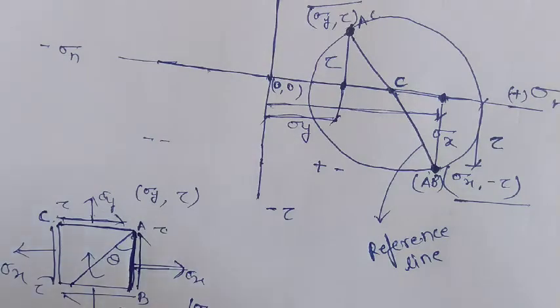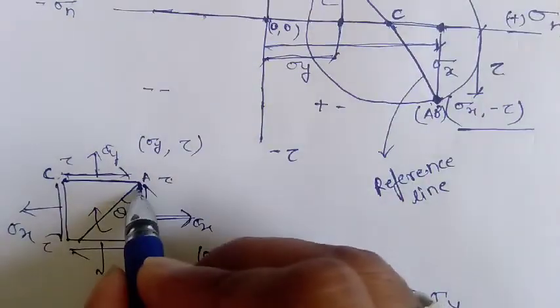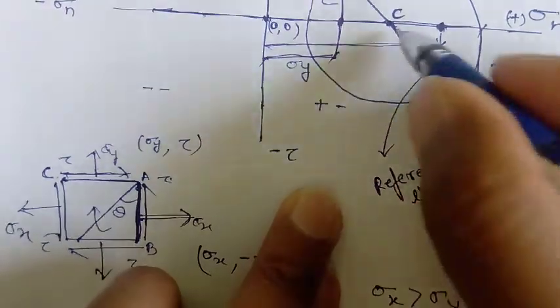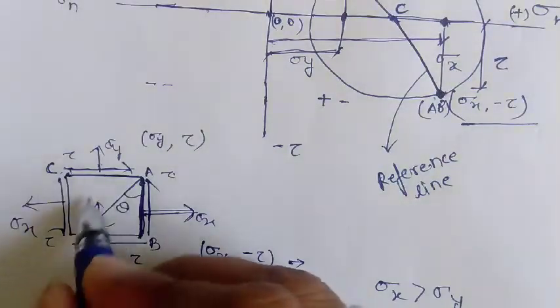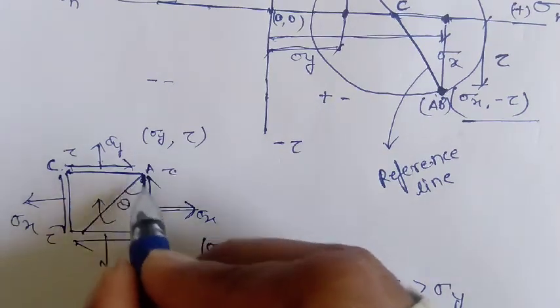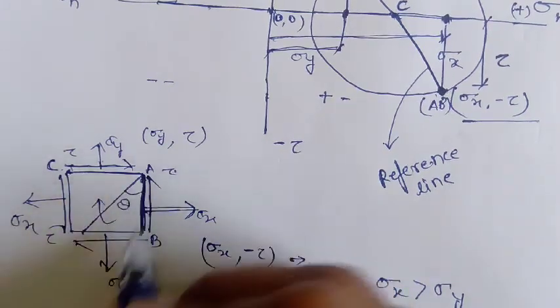This is very important. Now we know this is our reference plane, so this is the reference line, and from this we have to make the theta angle which is clockwise from this reference plane.